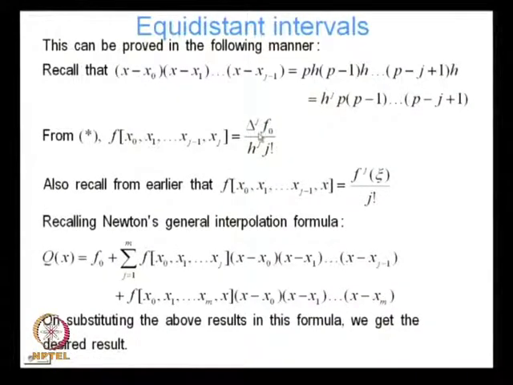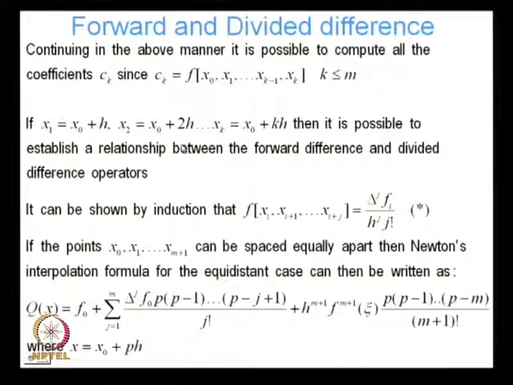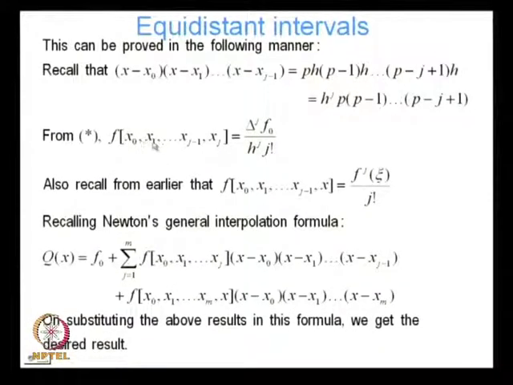I have just used that formula where I have replaced i by 0, and then I can write f[x0, x1, ..., xj-1, xj] equal to delta^j f0 over h^j j!.